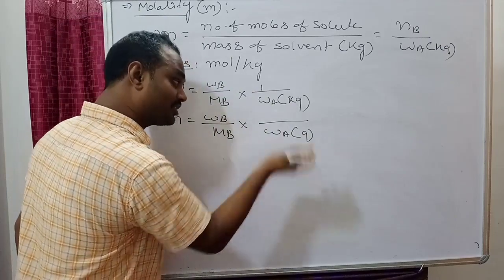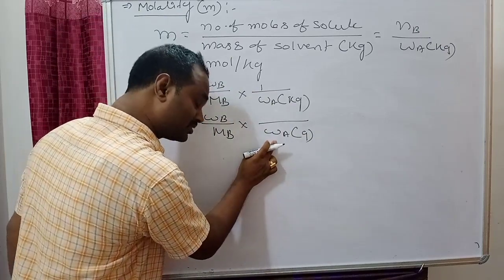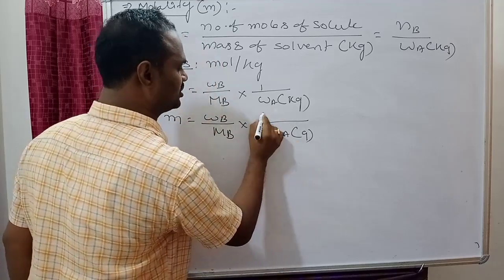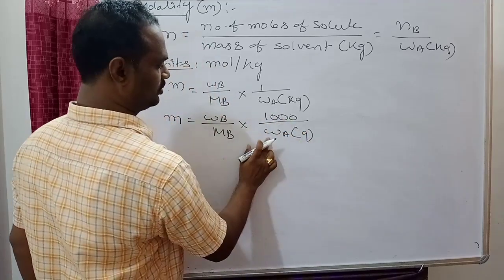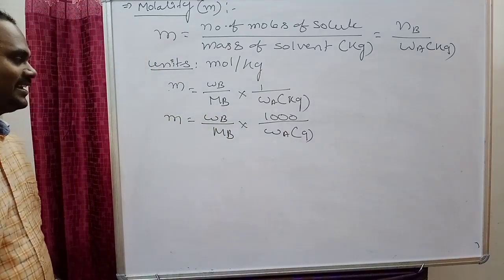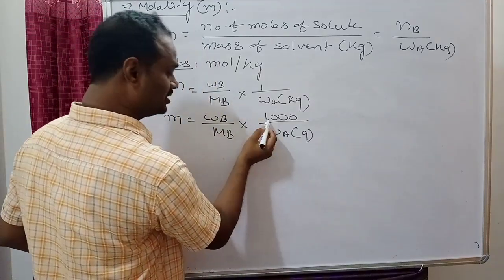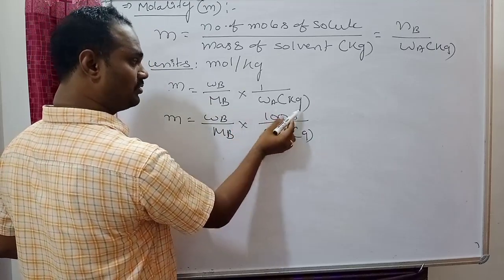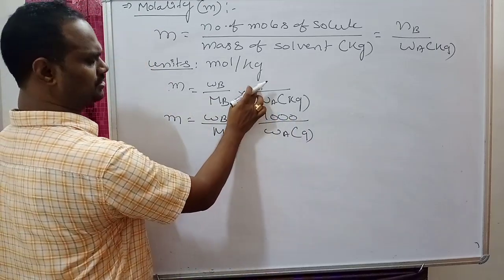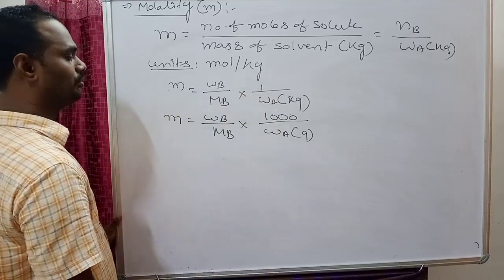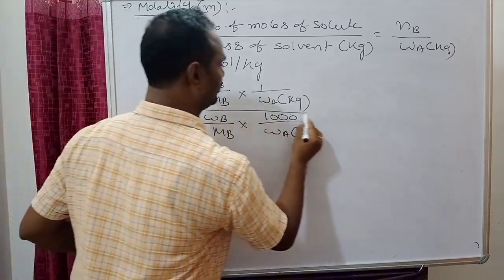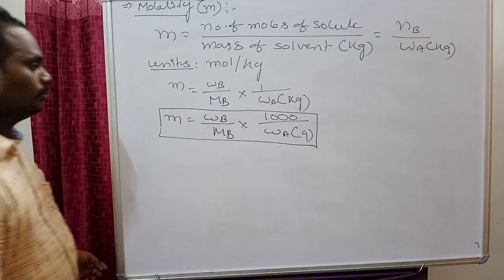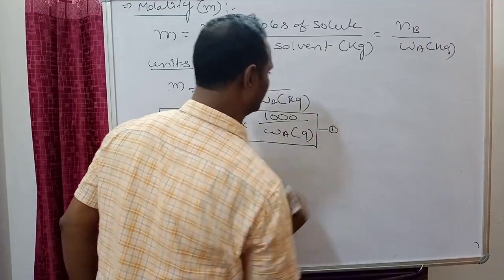This is to convert into kgs: the grams value is divided by 1000, so 1000 comes to the numerator. So when you take the mass of solvent in grams, 1000 will be present in the numerator. When you take mass of solvent in kgs, 1 will be present in the numerator. This is the formula for the molality of the solution.